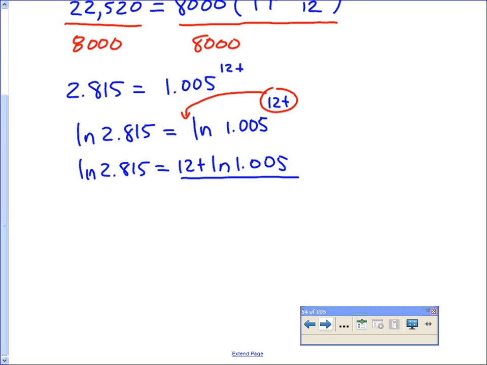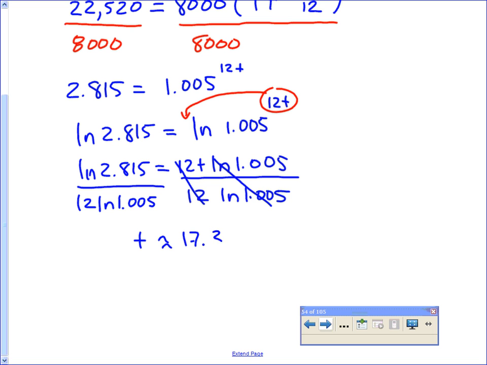And now I can divide by everything I don't need. Okay, these cancel, and we use our calculator to find out that t is going to be approximately 17.3 years.